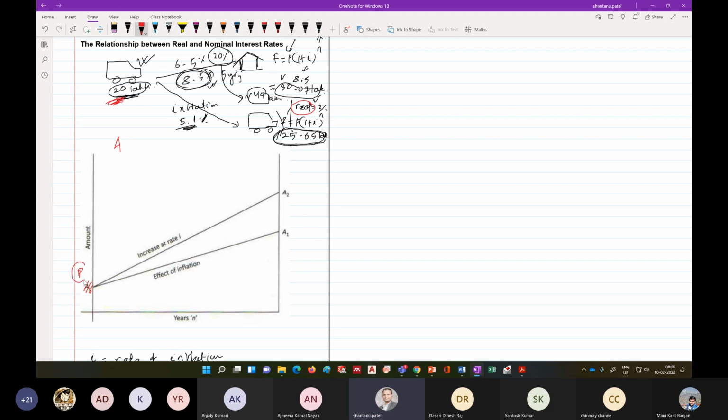So that is our P. And then we have the final value with the nominal interest rate I. Let's say the final value you are getting after 5 years, which is 30.707 lakhs, is F dash.